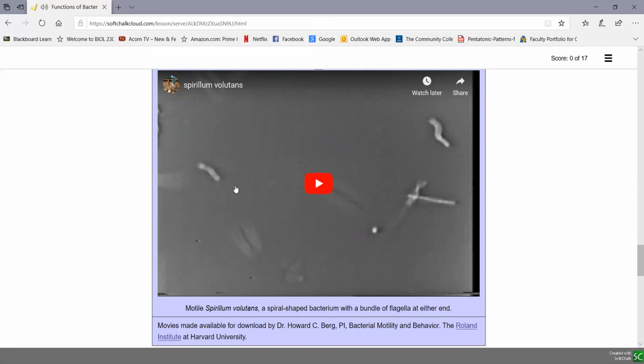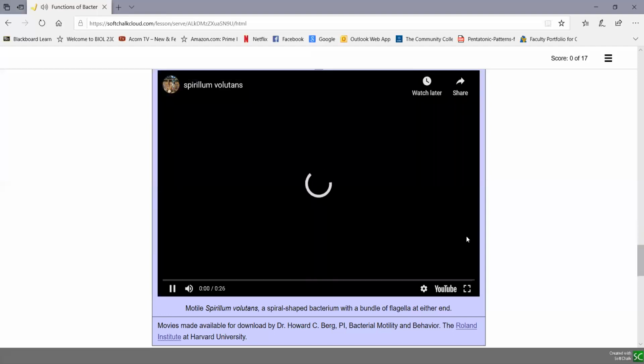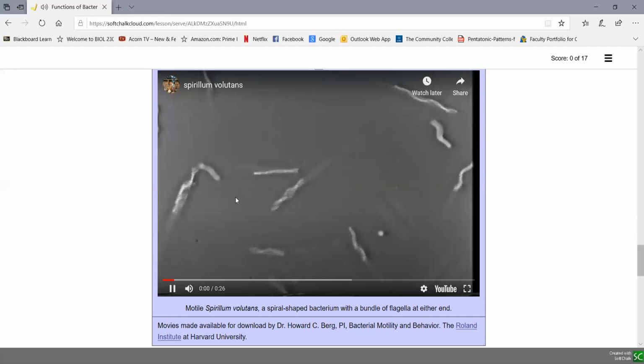And when you see the spirillum moving here, you'll see it look kind of like a halo or a comet tail behind the bacterium. So there's the flagella that are trailing it, and you can tell the spiral shape as it swims, causing the spiral to kind of rotate, but there's the flagella sticking out the end there, propelling the bacterium.